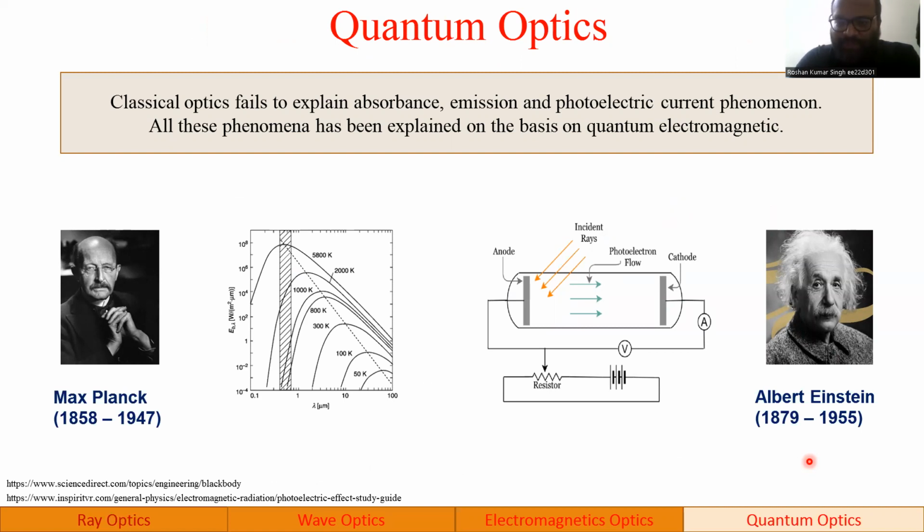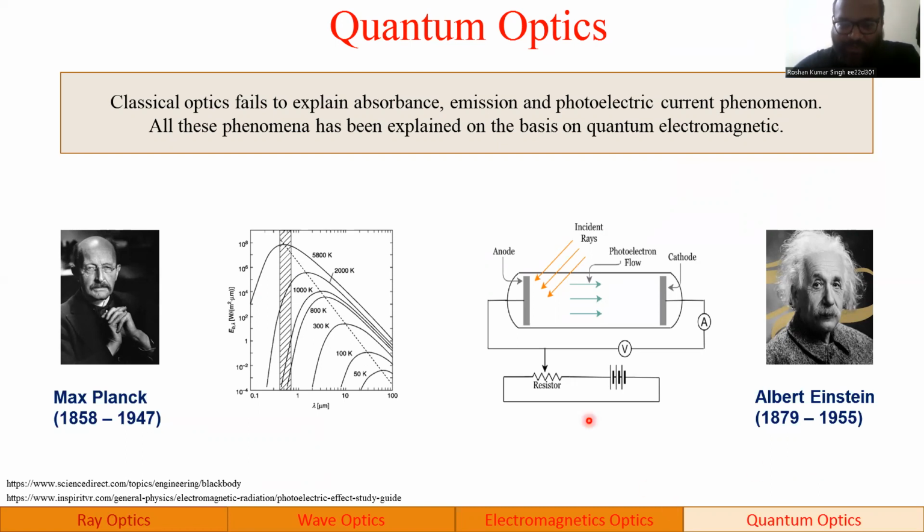But after some time, some other properties were explored. One main experiment is the photoelectric effect, in which, when a photon strikes the material, it generates electrons. Until now we considered the wave as continuous, and it fails to explain why this type of energy comes out when light strikes the material, because it is continuous but we get a discrete form.